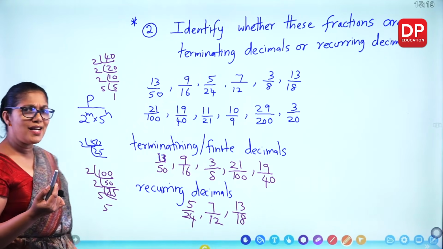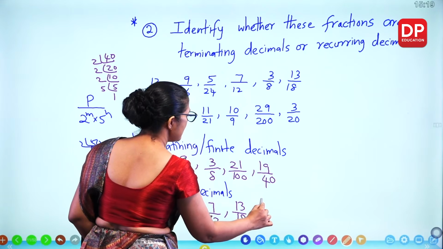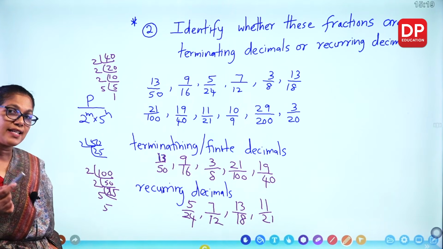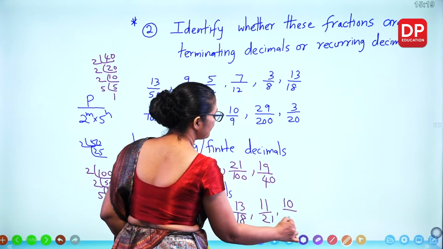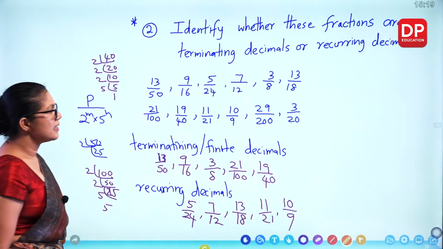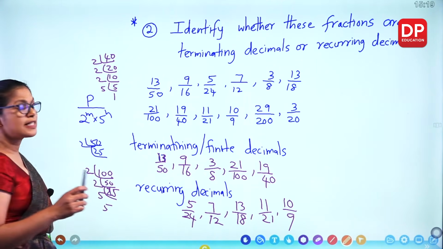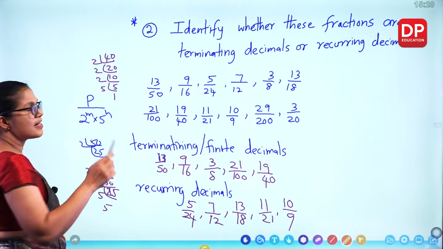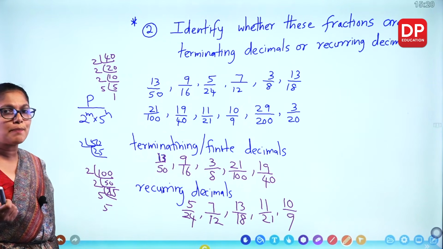What about 21? 3 times 7. So that's a recurring decimal. What about 9? 9 is 3 times 3. So that's a recurring decimal. 200 is 100 times 2. We know that 100 is 2s and 5s, so again you are multiplying by 2.